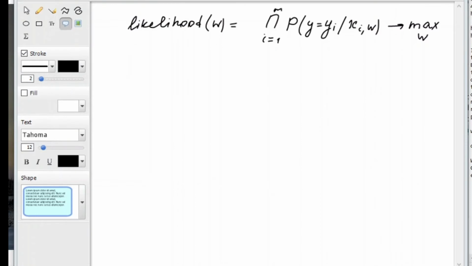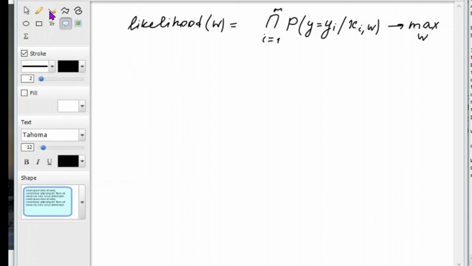Now we transform our likelihood function and get another optimization problem which is equivalent to the initial problem. In practice, it is more convenient to maximize the logarithm of the likelihood function. It is possible because the logarithm is a monotonically increasing function of its argument, so the maximization of the logarithm of a function is equivalent to maximization of the function itself.